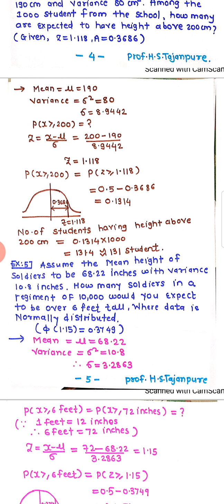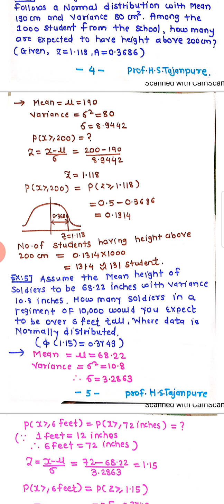So for that, see, the total area under the curve is 1. You can see the diagram. Total area under the curve is 1. Half of the area will be 0.5. So now as we require the area only which lies above 1.118, we'll subtract the area from z equal to 0 to z equal to 1.118, that area is 0.3686, from 0.5, and hence you will get 0.1314.